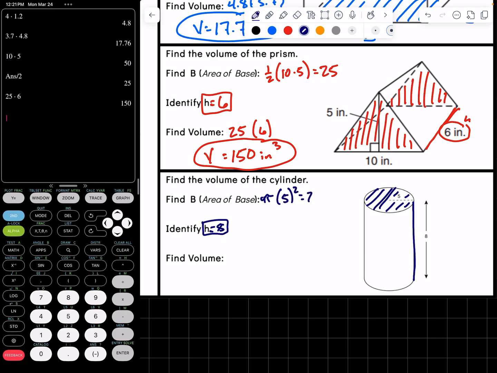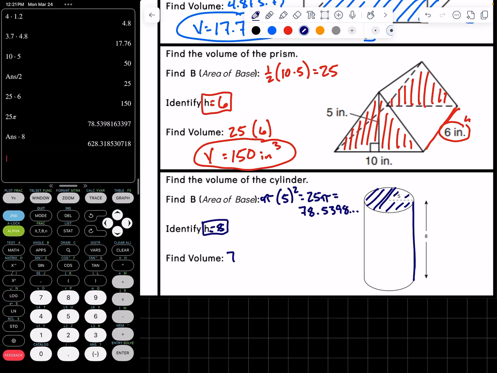So this would be 25 pi, or 25 pi equals 78.5398, going on forever. I'm going to take that and multiply it by 8 to get my actual volume.